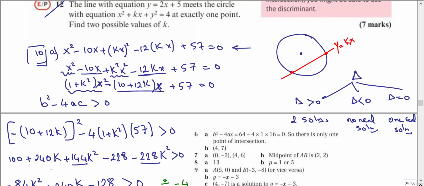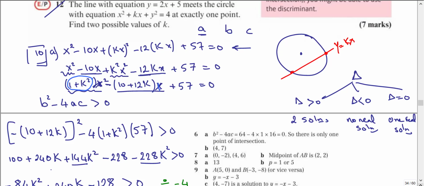Why do I need to do this? Because you need to find A, B, and C. A is the coefficient of x squared. If you have x squared here, Adam, then A will be what? A will be this.